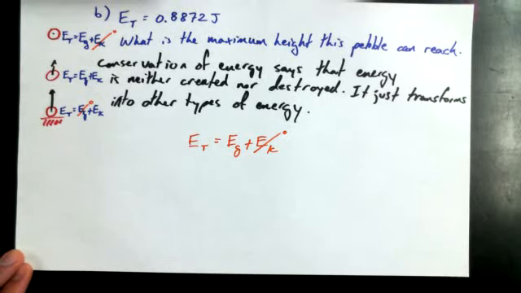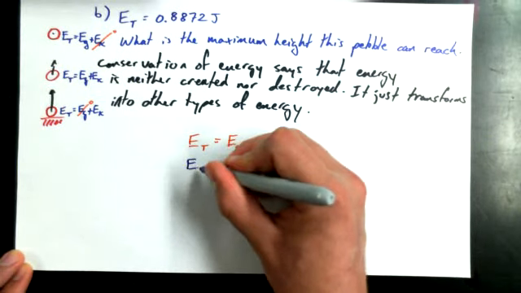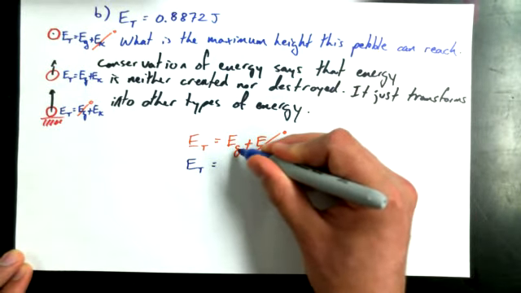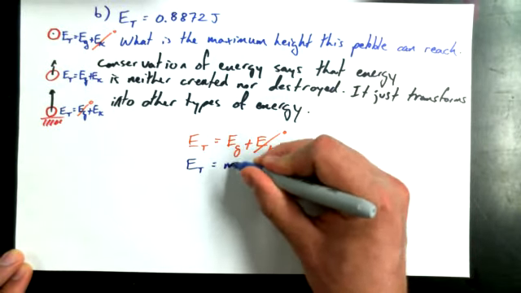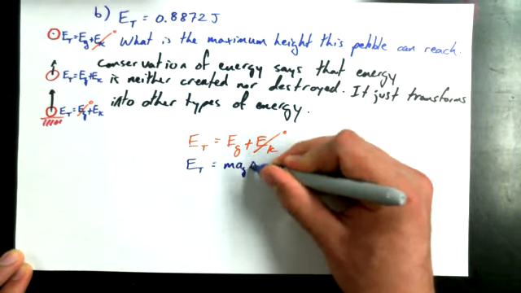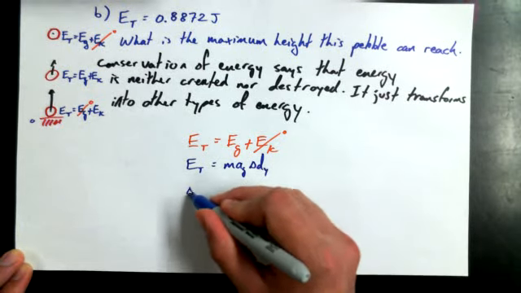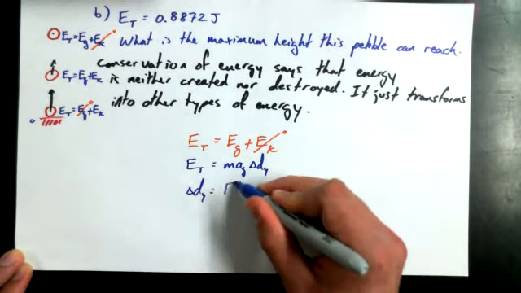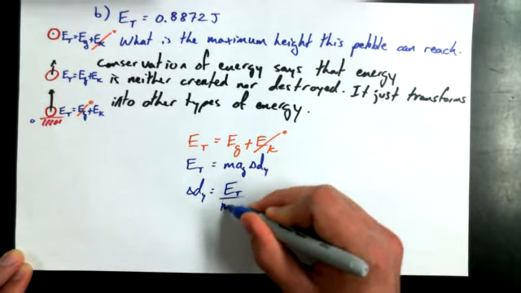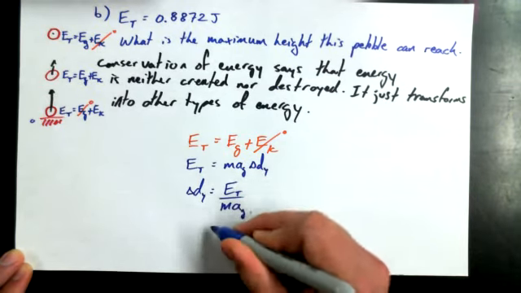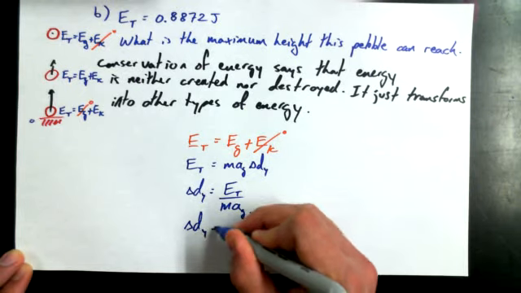And I can say that E total is equal to, I'll sub in the whole value for EG, mass times acceleration due to gravity times displacement in the y direction from the 0 height, which was down here. And I can isolate for delta dy. I can say delta dy is equal to E total divided by mass times acceleration due to gravity.